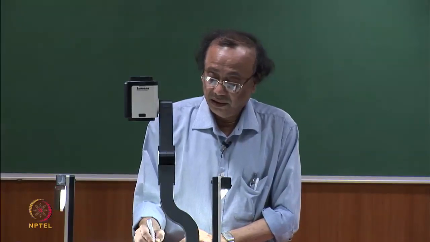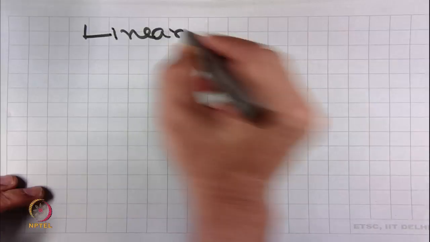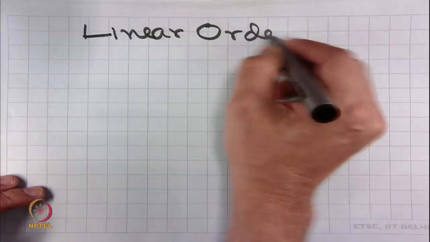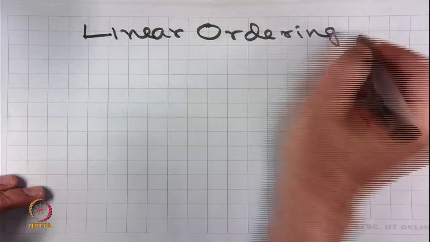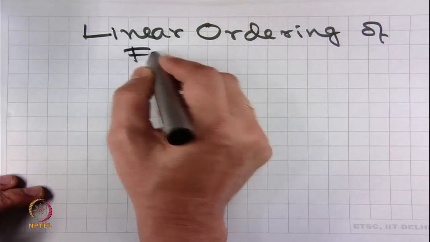Let me now change the topic to linear ordering of fuzzy numbers.